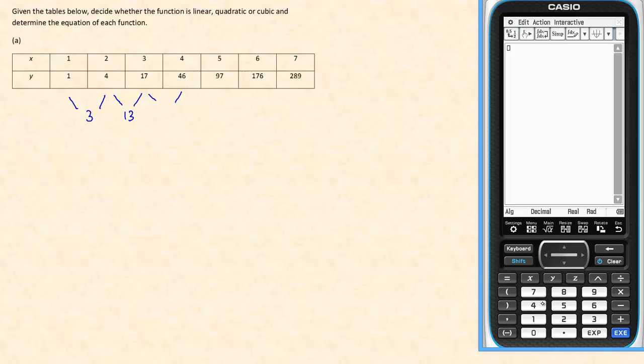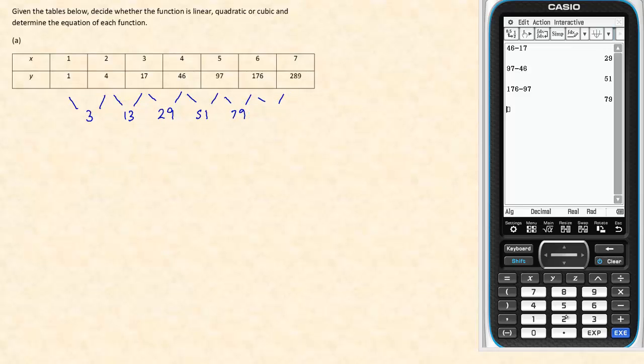So 46 take away 17 is 29. 97 take away 46 is 51. 176 take away 97 is 79.